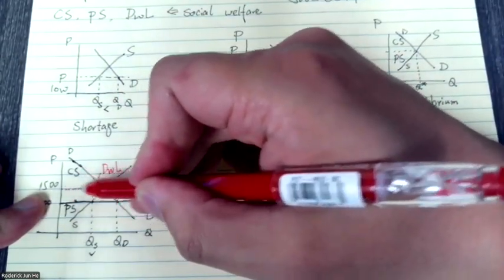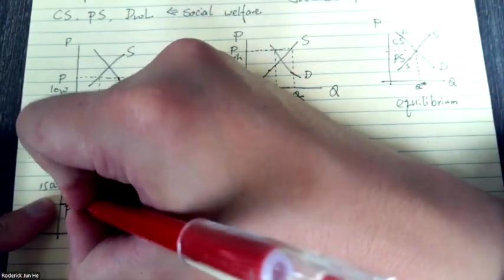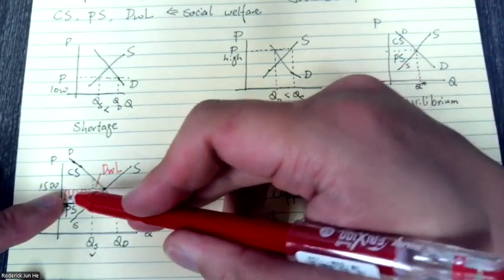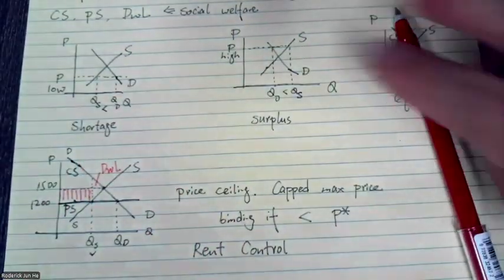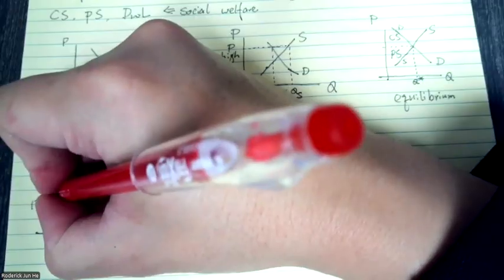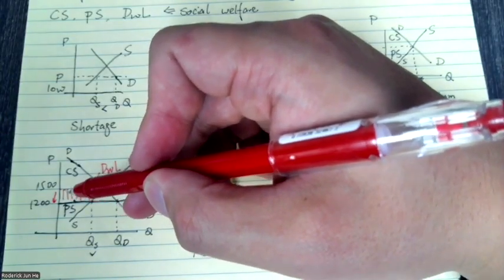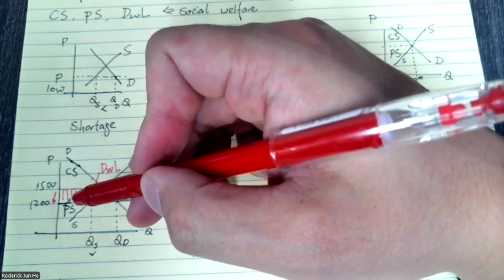In that case, the total lower triangle will be producer surplus. The total upper triangle will be consumer surplus. And here you see this rectangle area would have belonged to the producer, now transferred to the consumer, right? And why is that? That is because the price is being lowered. Each house that we rent out, we could have rented at $1,500 if no intervention, and now we have to do $1,200.